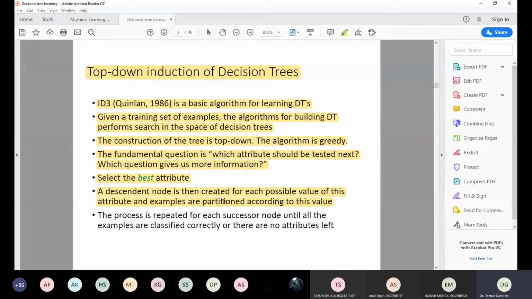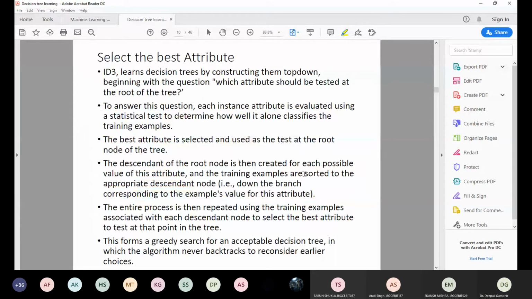So the descendant is chosen and this process is kept on repeating for each successor node until all the examples are classified correctly or there are no attributes left. We have to keep this going until all the examples are classified correctly. This is how to make the decision tree.